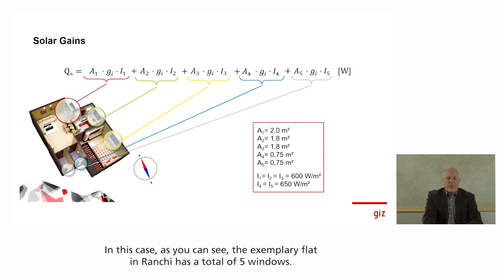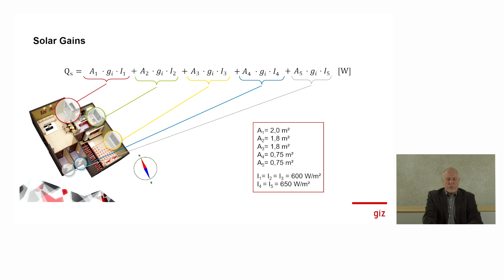In this case, you can see the exemplary flat in RANCHI has a total of 5 windows. The areas of the windows are 2 square meters, twice 1.8 square meters, and twice 0.75 square meters. The orientation of the flat means that windows A1 to A3 are directed to the east and exposed to solar irradiation of 600 watts per square meter.